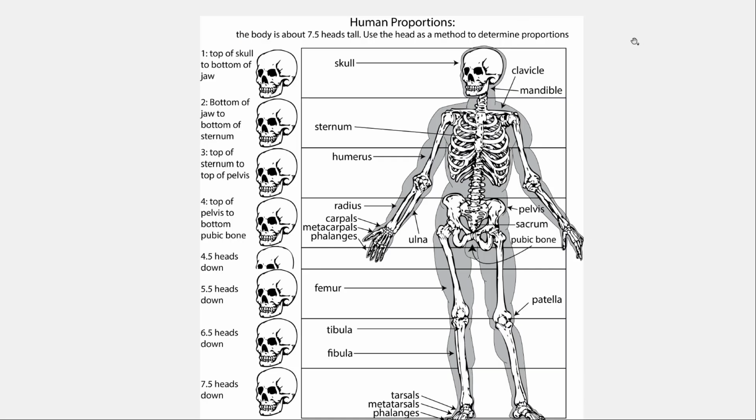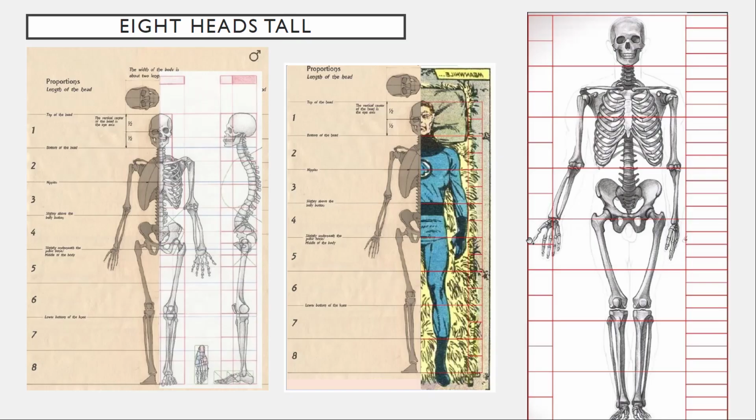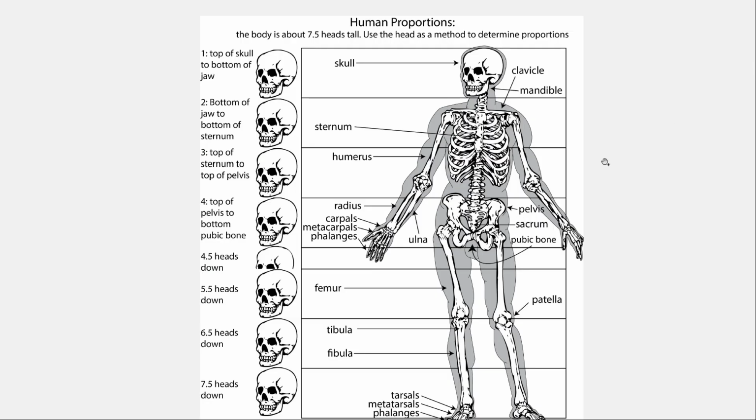Here's another illustration that shows you the idea of the head, from the top of the head to the bottom of the chin, the skull and the mandible. You can see it breaks down to right about the middle of the rib cage being the end of the second head height, and then about where the belly button would be the third head, the bottom of the pelvis being the fourth one, and then moving down the figure, you can see that we're into the legs.